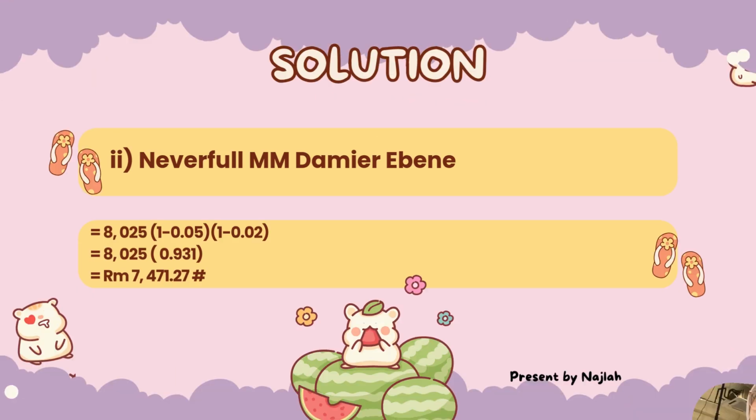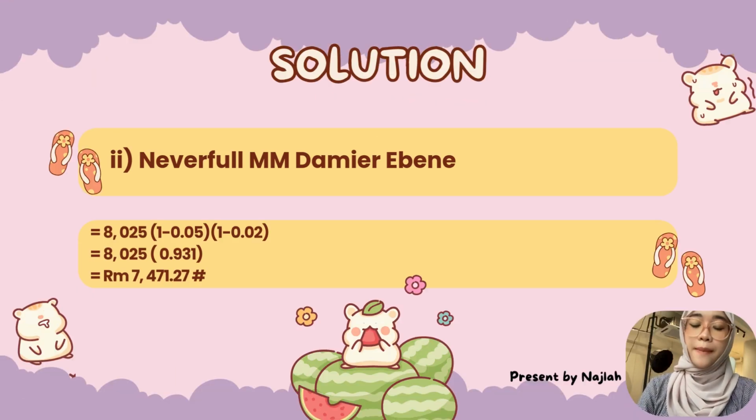Now let's find the net price for Neverfull MM Demir Eben. The list price is 8,025, and in bracket 1 minus 0.05, which is our first discount, 5%. Still the same for our second discount, it will be 1 minus 0.02.